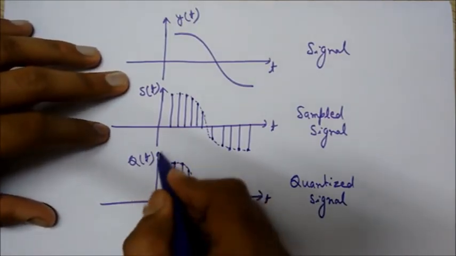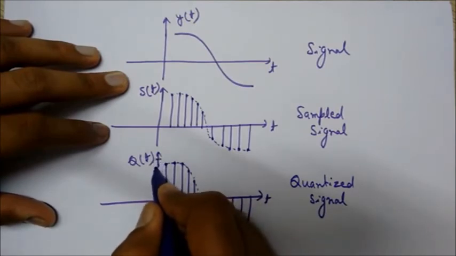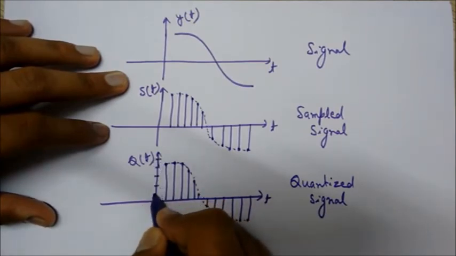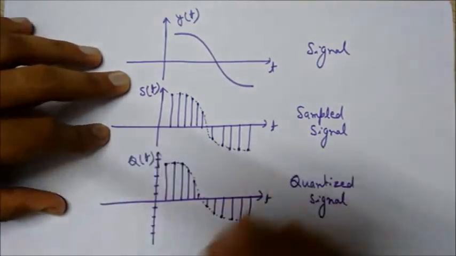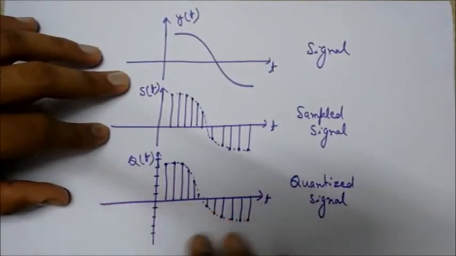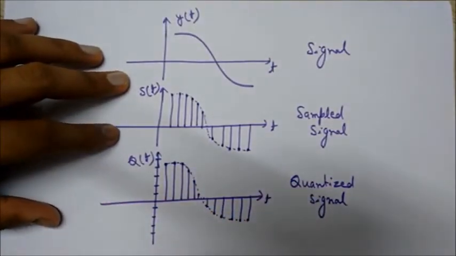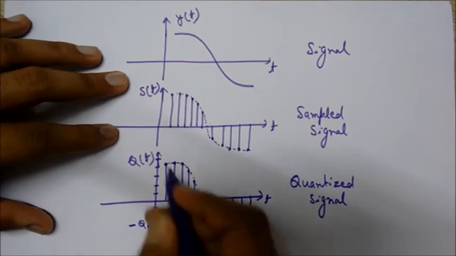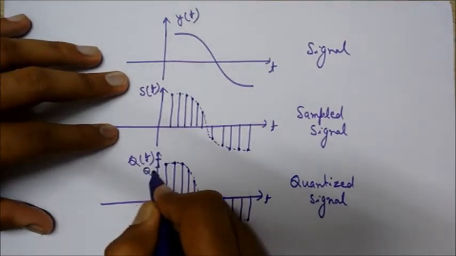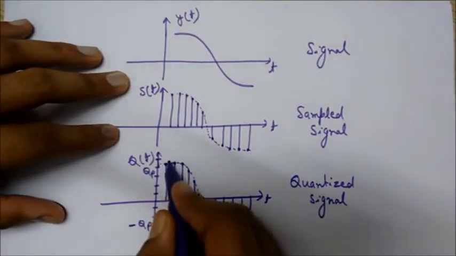So here I am cutting this into some levels, 1, 2, 3, 4, 5, 6, 7, 8, with the help of horizontal lines. Let's say that this minimum point is minus QP, and here is QP. This amplitude is denoted by QP.